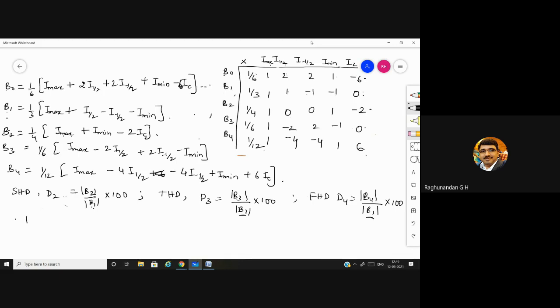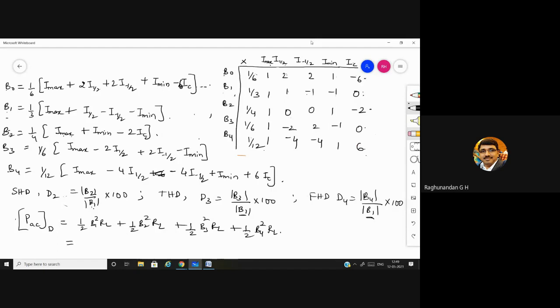Now, the total AC power output due to distortion is, the same way as we did in the last second harmonic distortion, where we had half B1 square RL plus half B2 square RL. Here, half B1 square RL plus half B2 square RL plus half B3 square RL plus half B4 square RL.